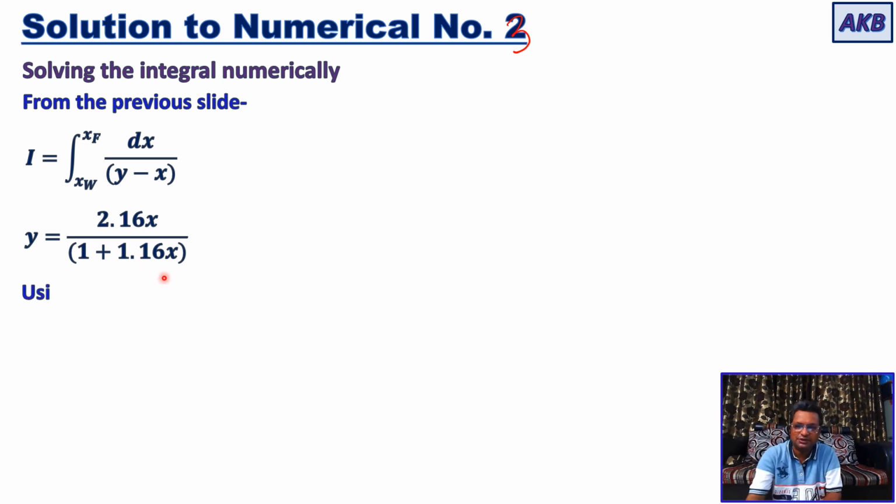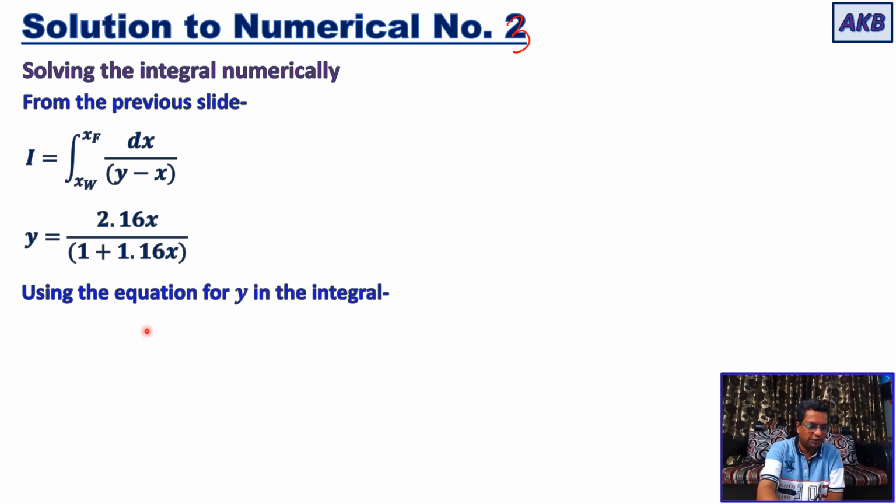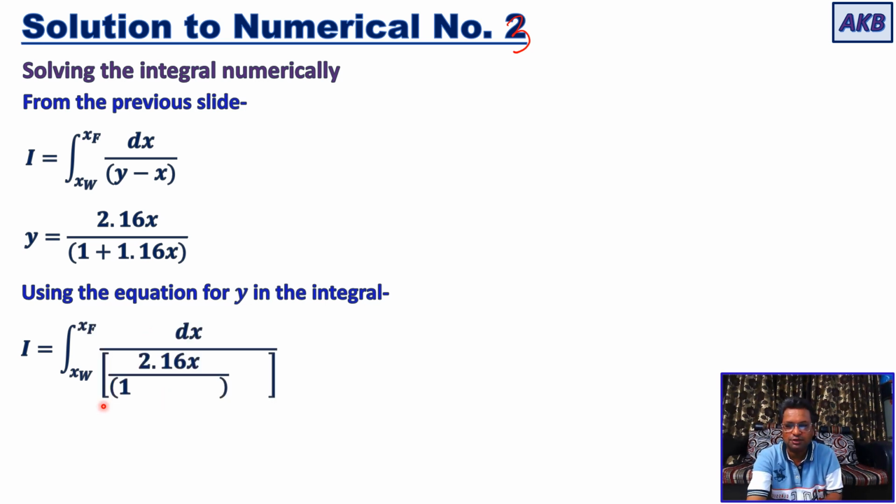So if you replace it in the integral, using the equation for y in the integral, you get I is equal to the integration from xw to xf of dx upon 2.16x divided by 1 plus 1.16x, minus x.